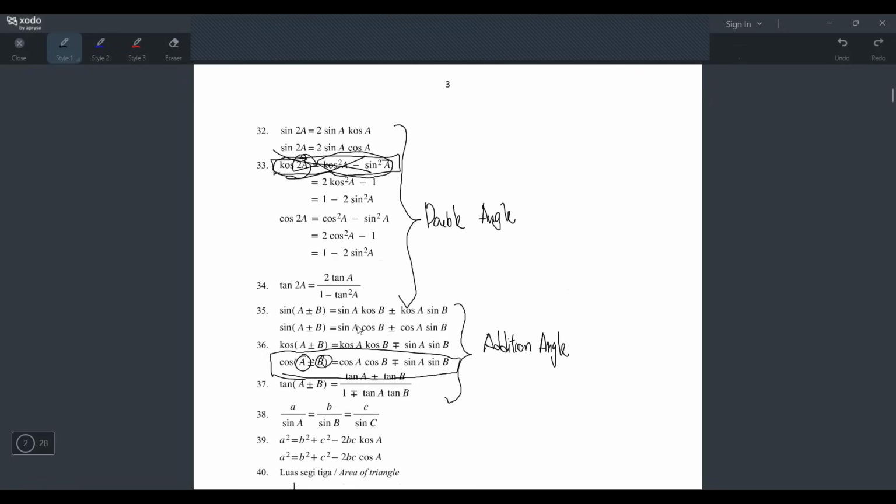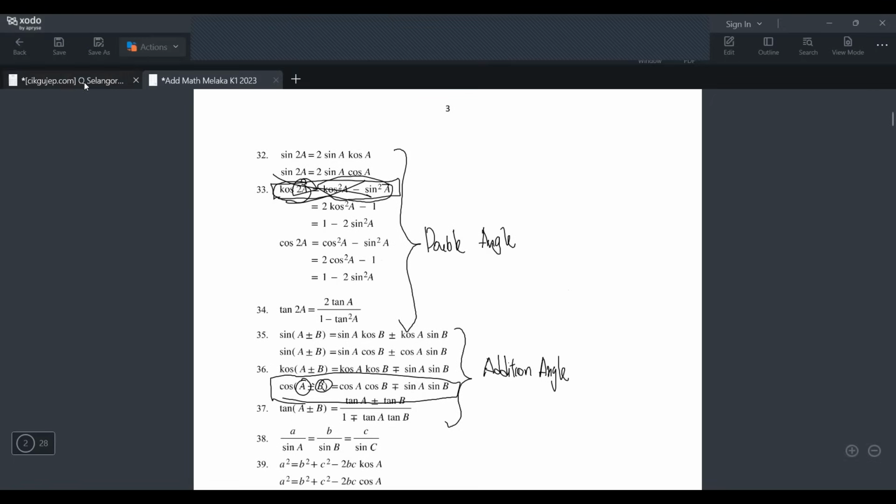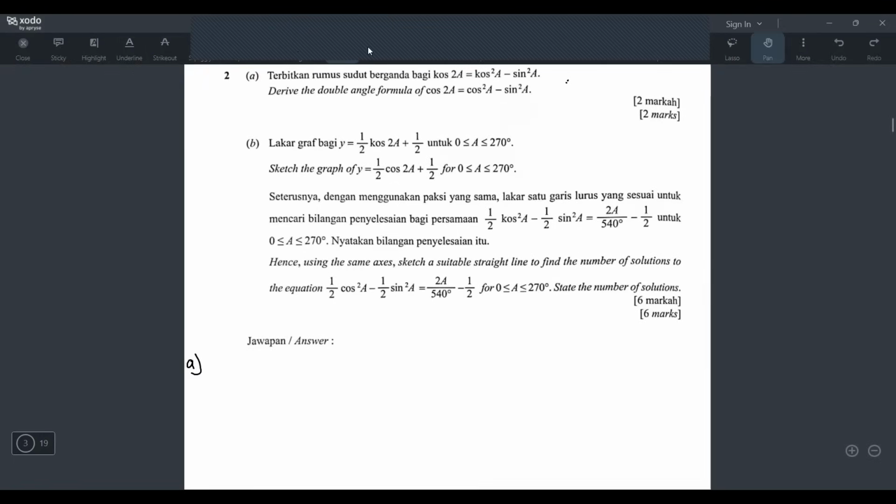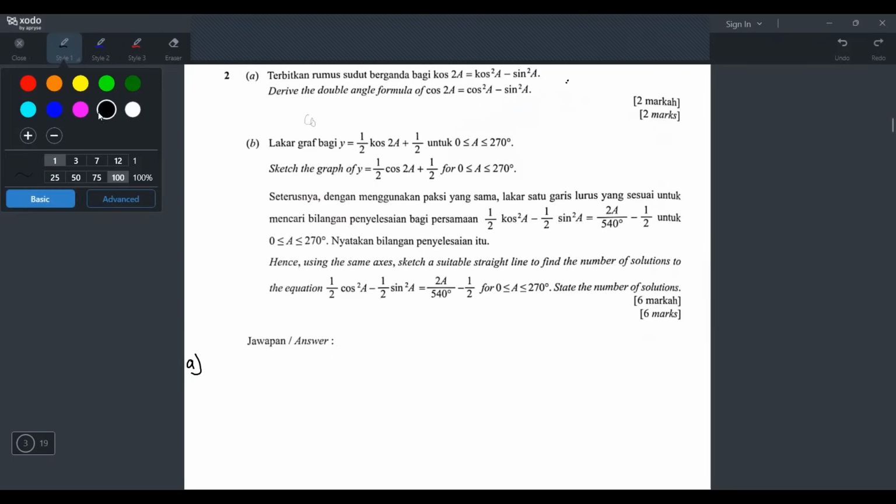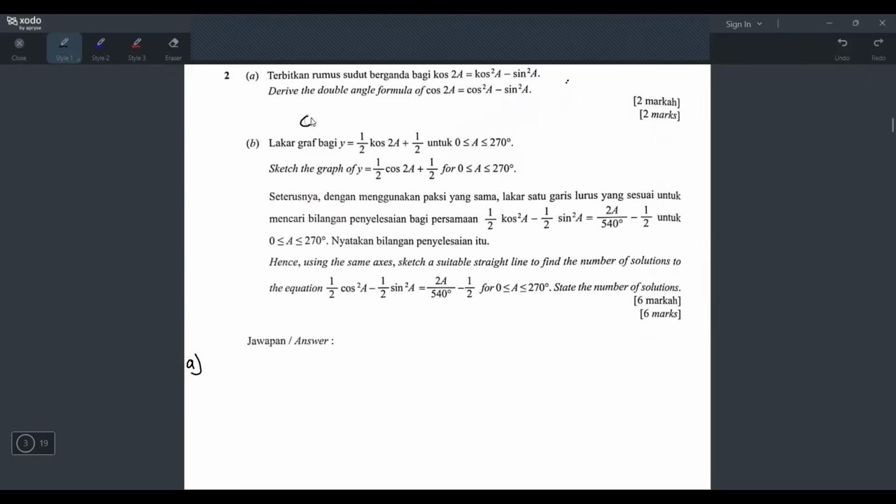Cos a plus minus b equals cos a cos b minus plus sin a sin b. What does it mean by minus plus? It means you cannot follow the symbol here. If the symbol here is plus, then here has to be minus. But if it's minus, then here has to be plus. That's what it means, right?